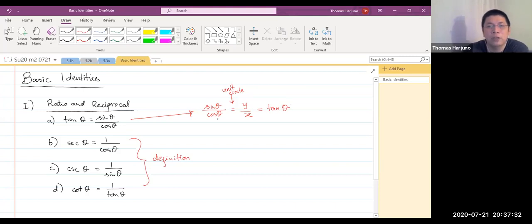Now even if you don't see that as a unit circle, sine theta is y over r, cosine theta is x over r, so this equals y over r times r over x, right? The reciprocal of x over r. And the r cancels, we get y over x, that's tangent theta. So you see, we have two different ways to show that this identity is true.